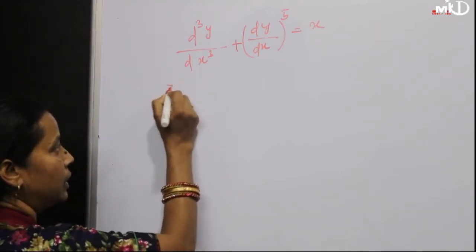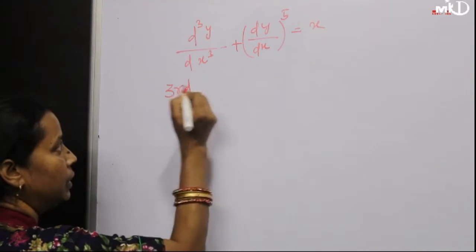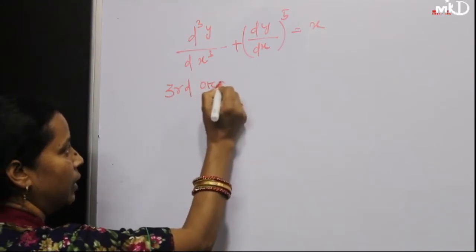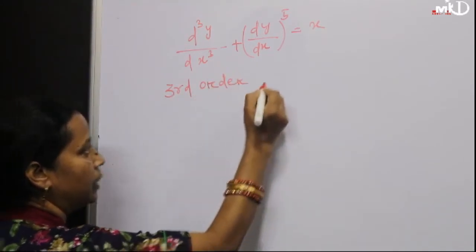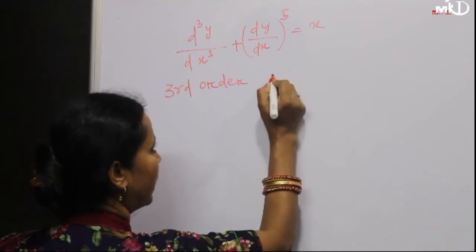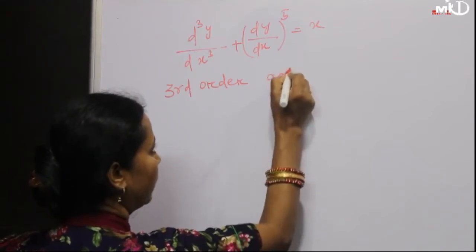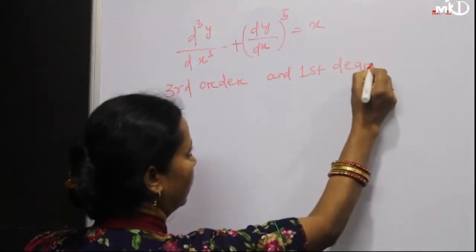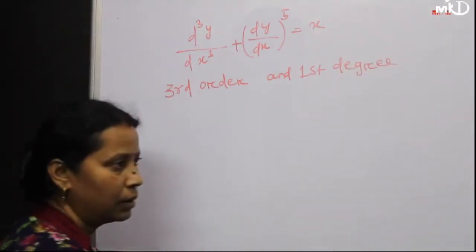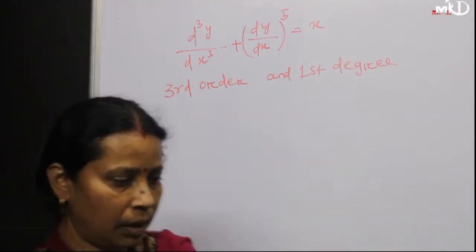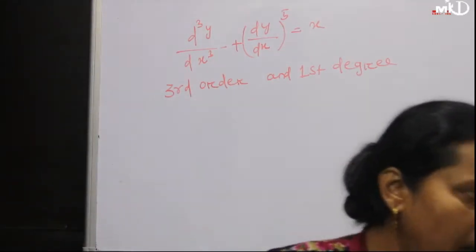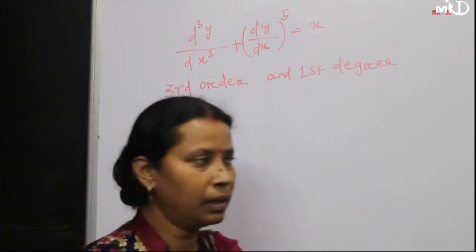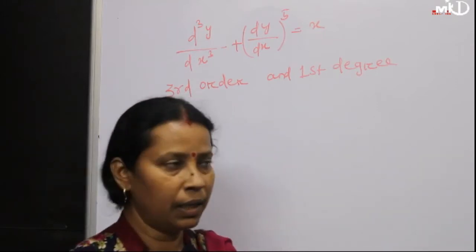So it is a very simple differential equation and its order is 3 and degree is 1. So it is a third order and first degree differential equation. So friends, we have found the degree and order of some differential equations.